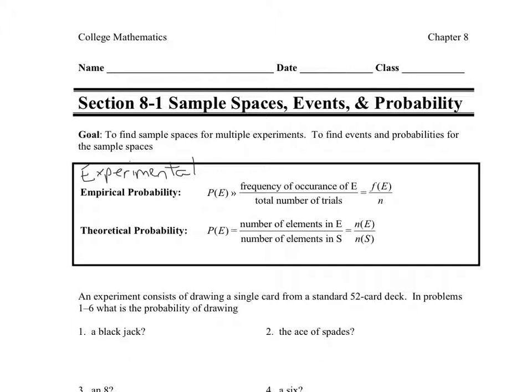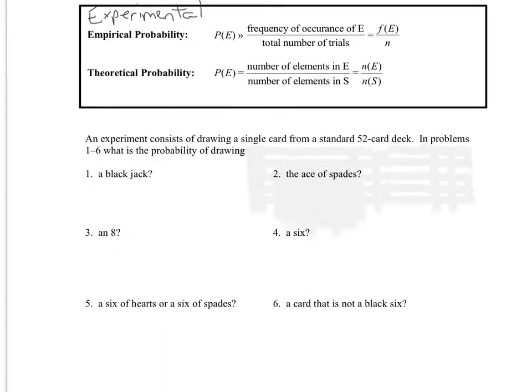So the theoretical probability of getting heads on any flip is 1/2. So that would be important to note the difference between these two.